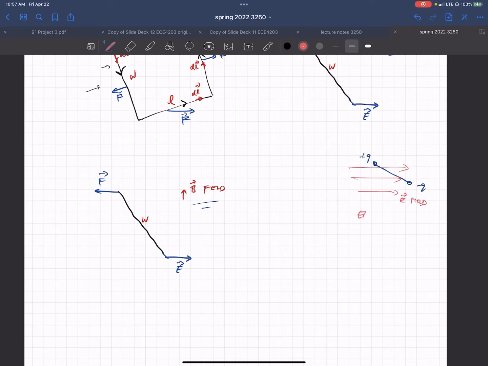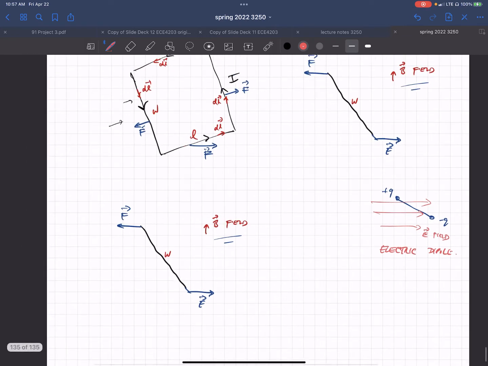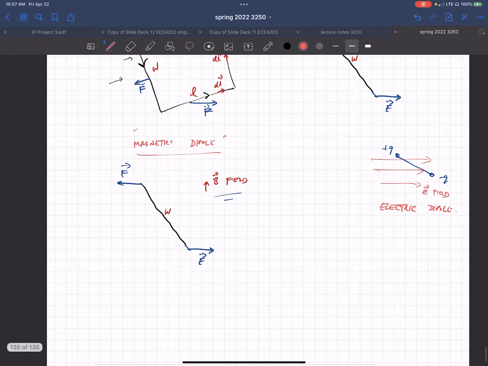So this was an electric dipole. And as you will see very soon, maybe you already see, this is going to look like a magnetic version of that dipole, with lots of stuff being analogous to the field. But to begin with, you can kind of see the analogies with the electric field.